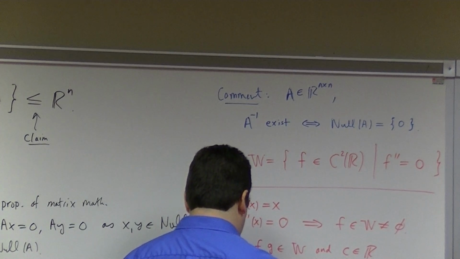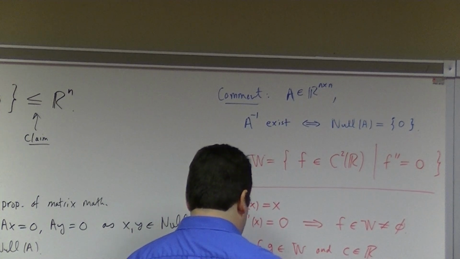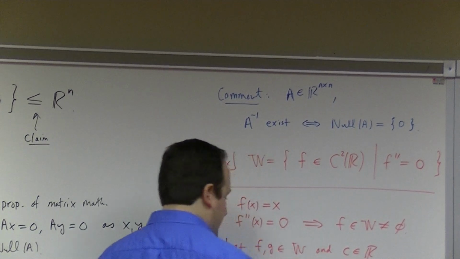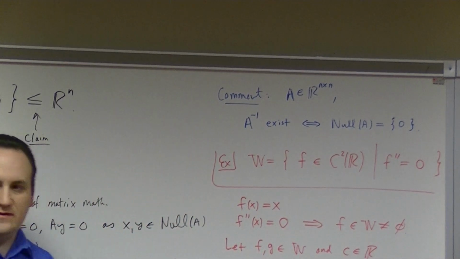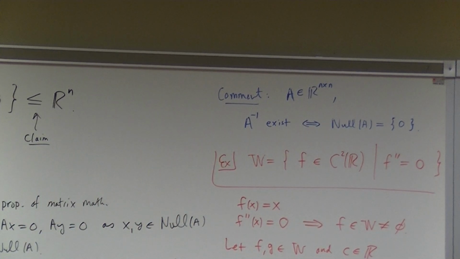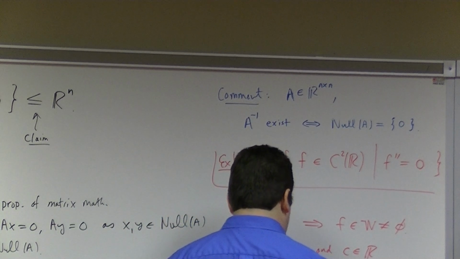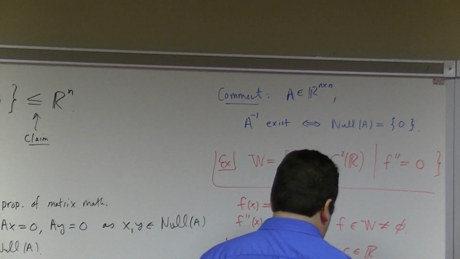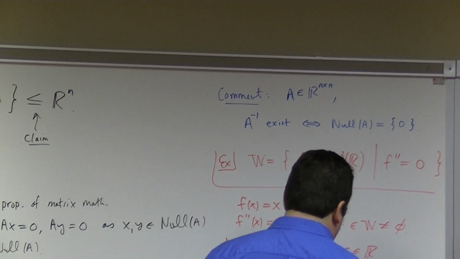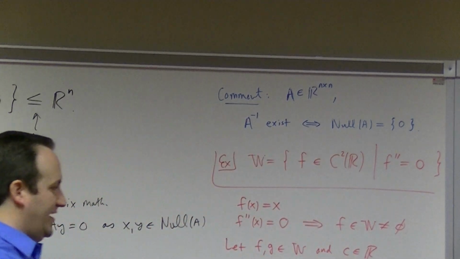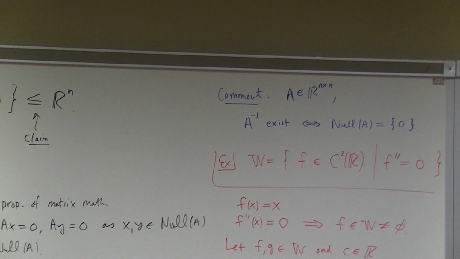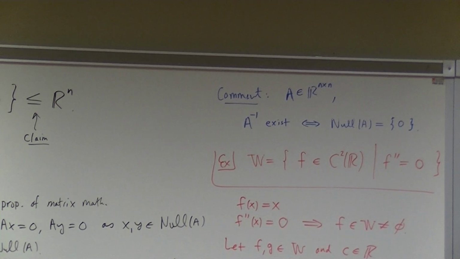So c f plus g. I have to calculate the second derivative of those, right? You guys took calculus 1, you know how the properties of derivatives work. So this is the same as c times f prime prime plus g prime prime by calc 1. But both f and g are in W, and by assumption f prime prime is 0 and g prime prime is 0.